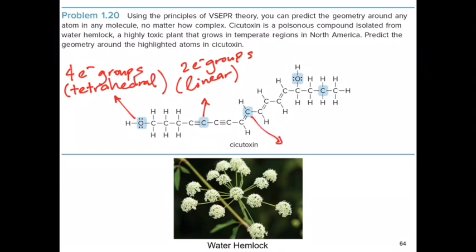And this carbon right here has 3 electron groups. It has 2 single bonds and 1 double bond for a total of 3 electron groups. And this carbon, in that case, is trigonal planar.